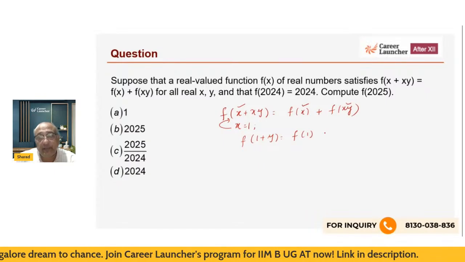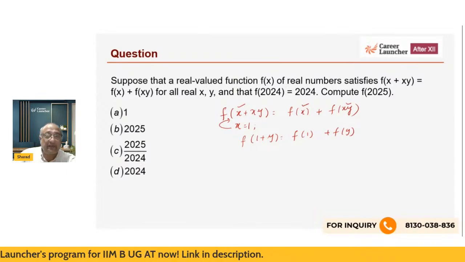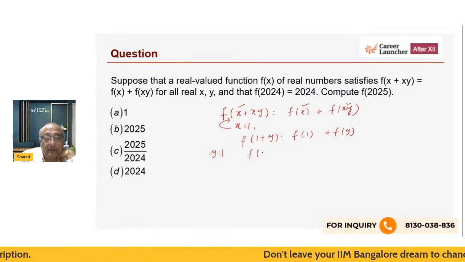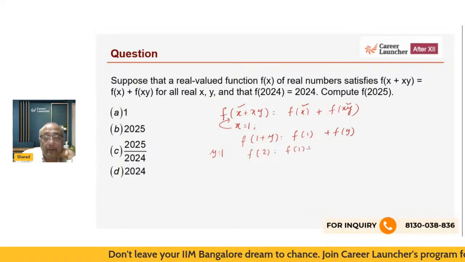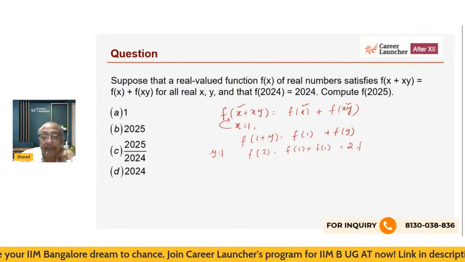Why am I doing it? I want to find either f(y) or f(x). Whichever I find, I don't care. Now let us put y equal to 1 here. So what will happen? This will become f(2) is equal to f(1) plus f(1). Not bad. So 2 times f(1).